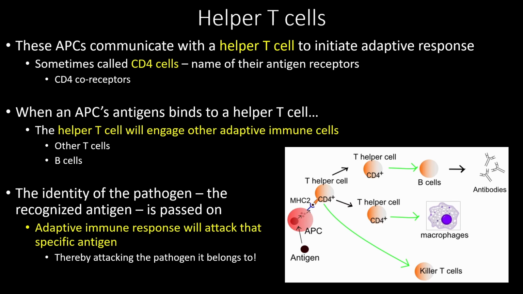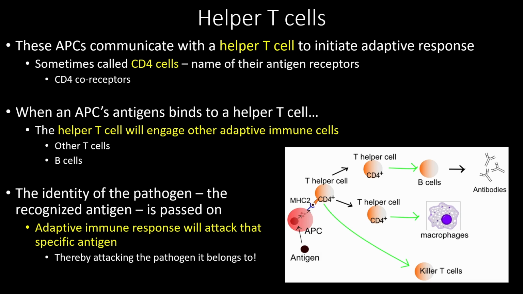When you have a helper T cell that becomes active, it will start to engage other adaptive immune cells. It'll go to find other T cells of different kinds, we'll talk about those, and also B cells mainly. And those are the things that are immediately engaged. Okay, and we'll talk about each of those in a moment. The identity of the pathogen that is infecting you is relayed.